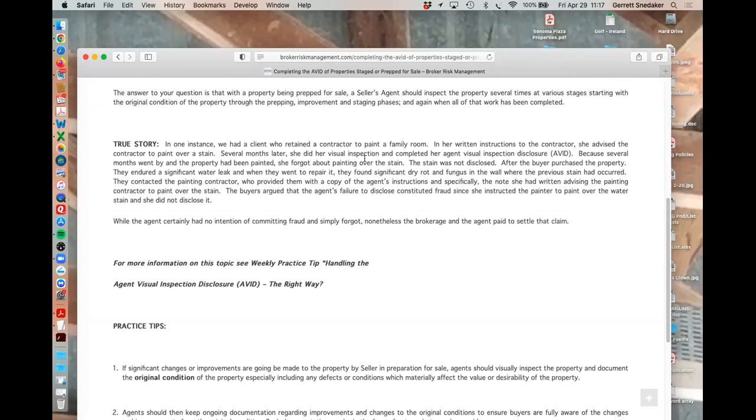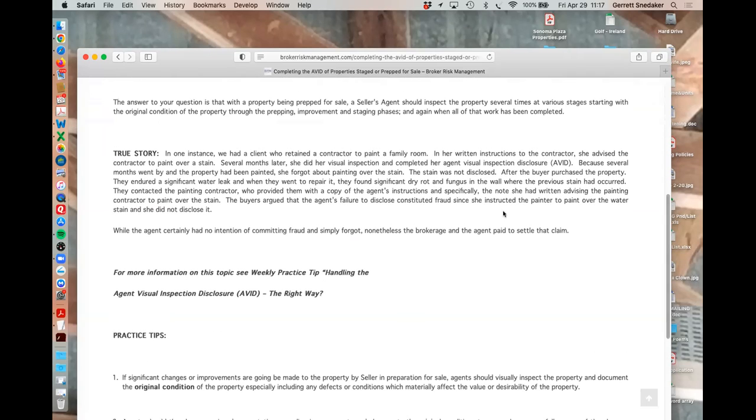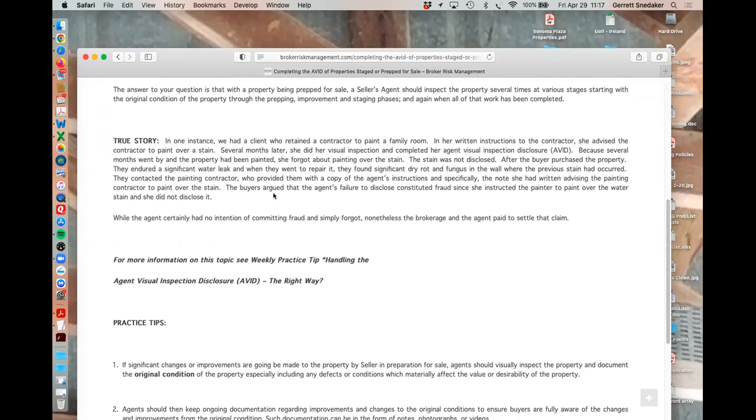Several months later, the agent did her AVID after everything was fixed up, and she didn't mention the stain on the wall. After the house was sold and the buyer was in there, it rained and the stain reappeared. The buyer happened to call the painter, who had done the work, and said, hey, what happened here? He says, oh yeah, we painted over a stain there. Actually, here's a note from the listing agent telling us to paint over the stain. So what do you think happened there?